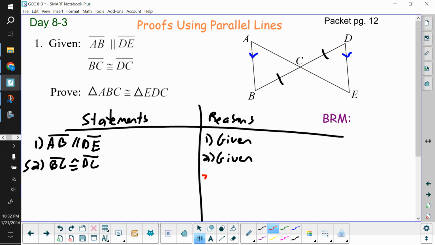So first off, our reason is going to be parallel lines implies congruent alternate interior angles. And then we can do both sets of those alternate interior angles in the same step.